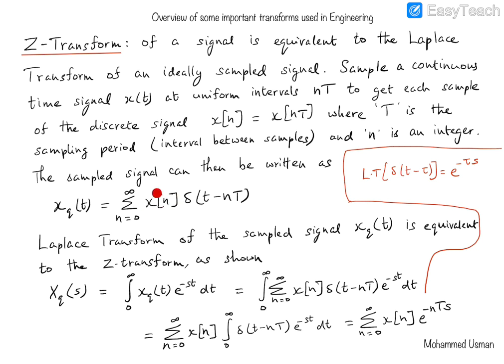Each sample is basically a delta function, an impulse whose height equals the value of the sample: x of n delta of t minus nT, all put together in this summation. Now, if we take the Laplace transform of this sampled signal, we call it xq of s, which is the Laplace transform of xq of t.